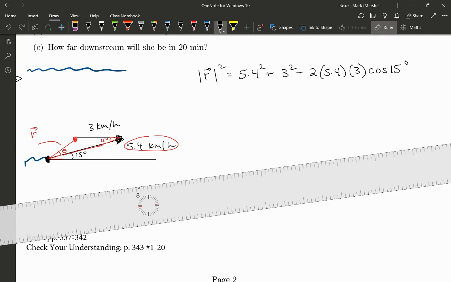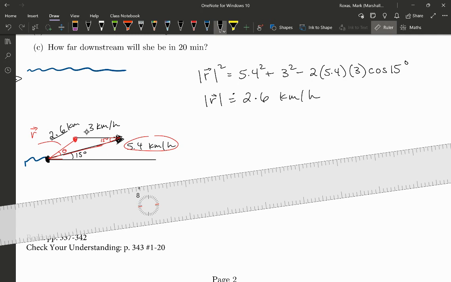Then I'm going to solve for r. If I solve for r correctly, the answer should be 2.6 kilometers per hour. So my canoeist is paddling at 2.6 kilometers per hour in that direction. When you combine it with the 3-kilometer river, the resultant is 5.4 kilometers per hour.